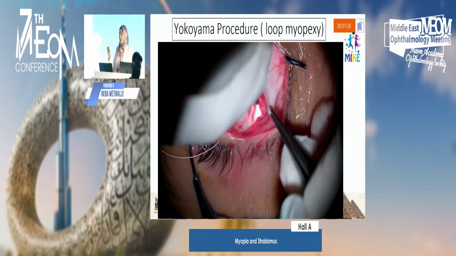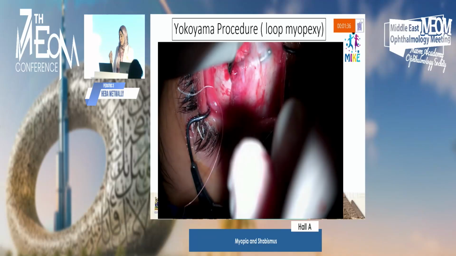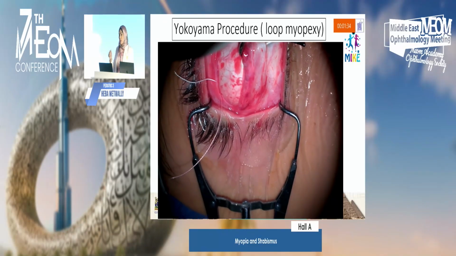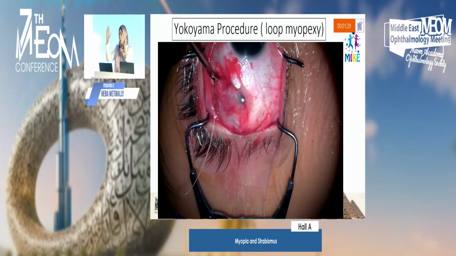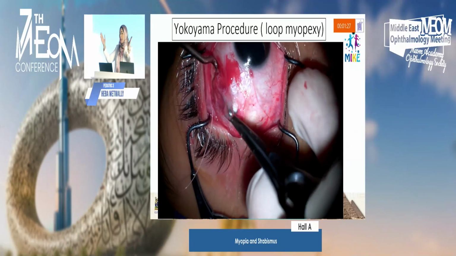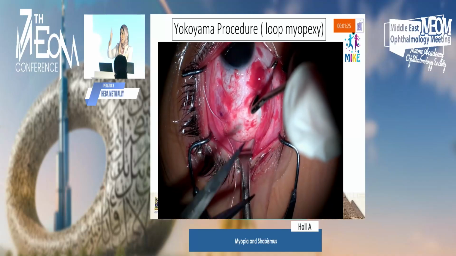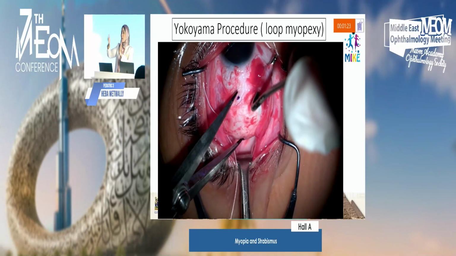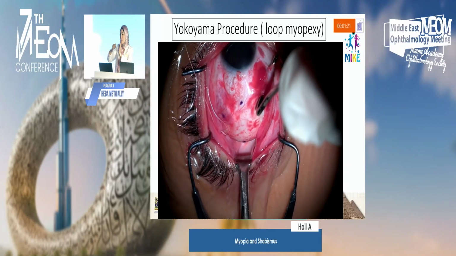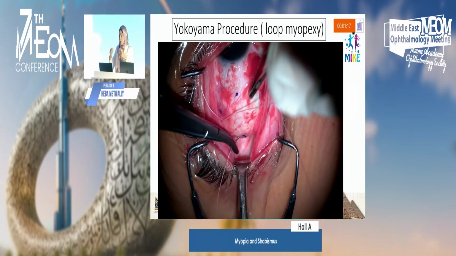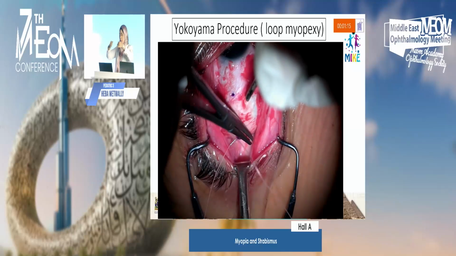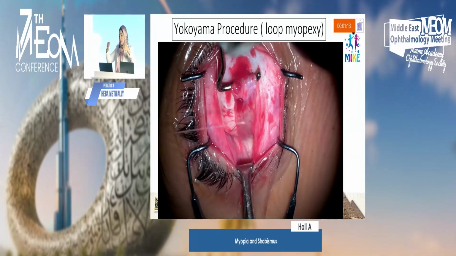So what is the value of this suture? The value of this suture is that I make sure that the superior rectus and lateral rectus will meet midway between the two muscles, and I'm sure that the knot will stop at the superficial episcleral stitch.